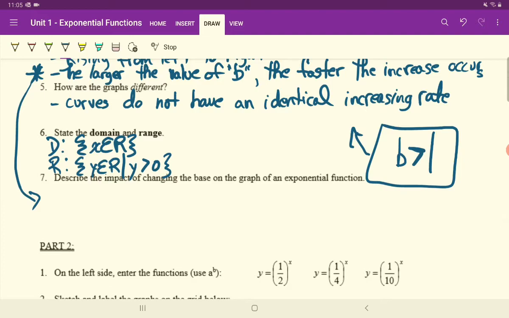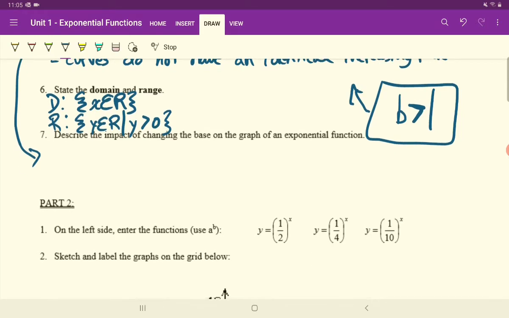Okay, what about when we get b values that are between 0 and 1? Because that's possible as well. For example, y equals 1/2 to the power of x, 1/4, 1/10.